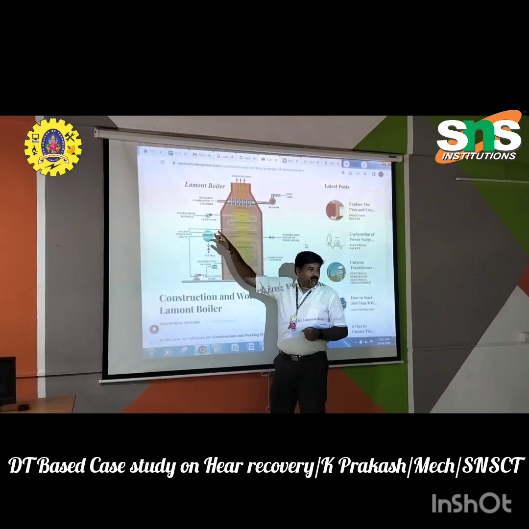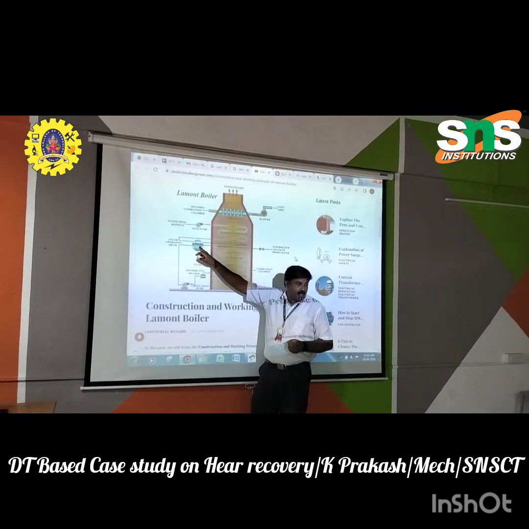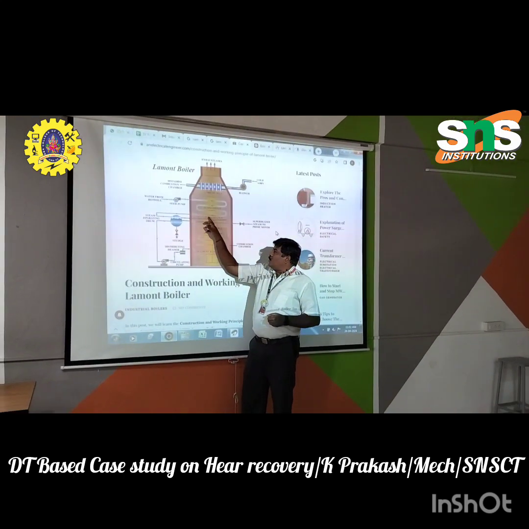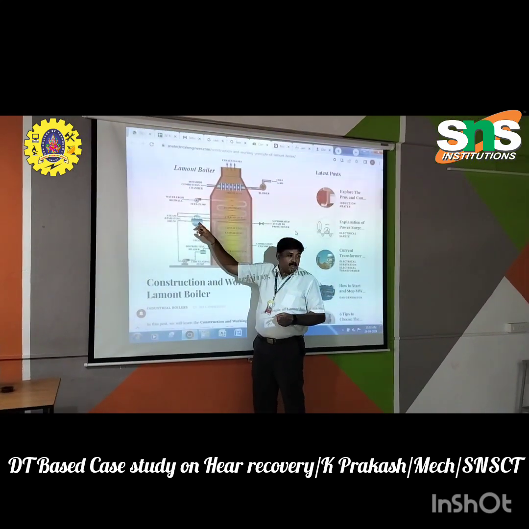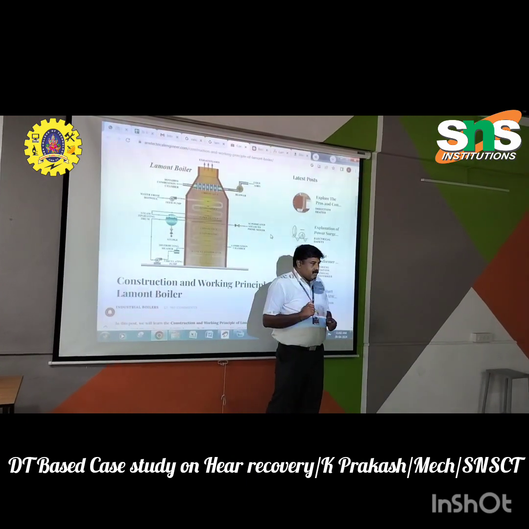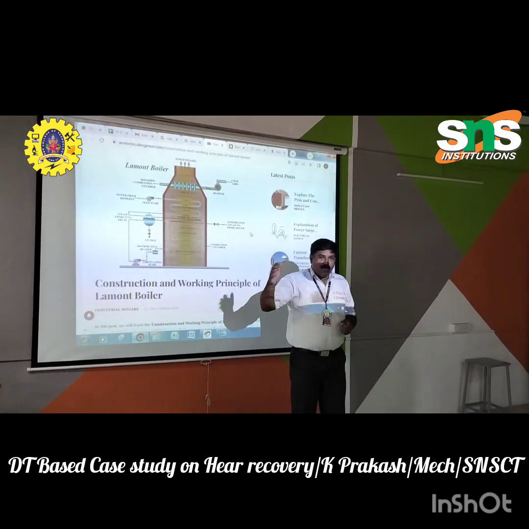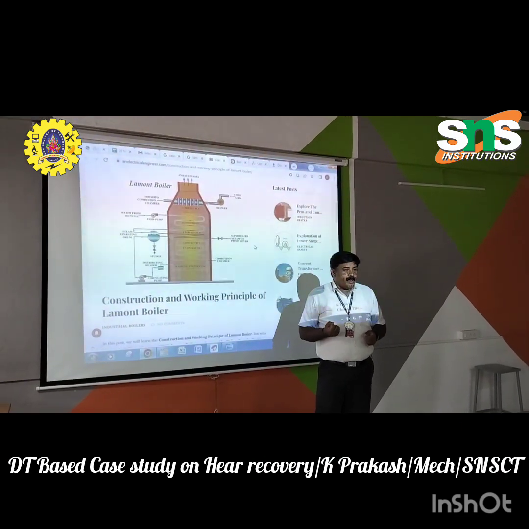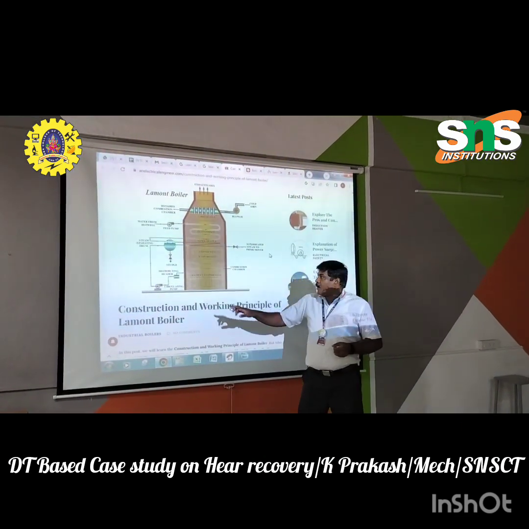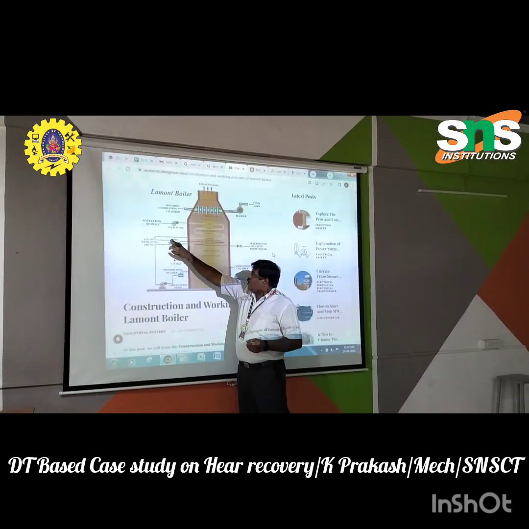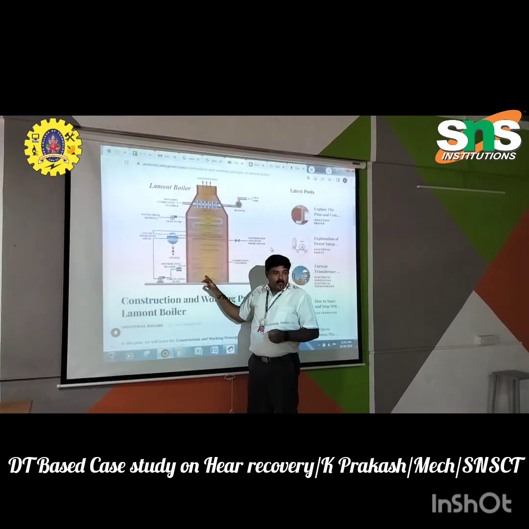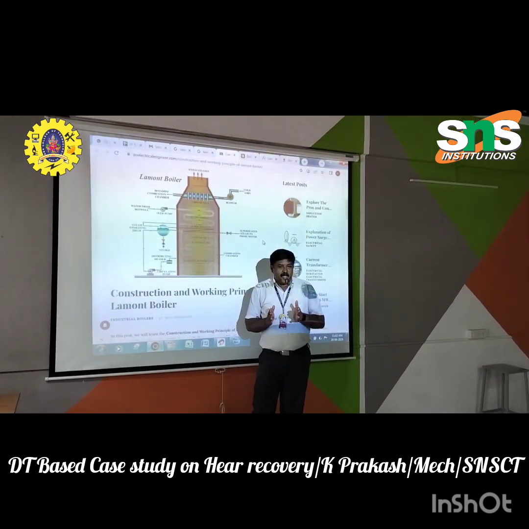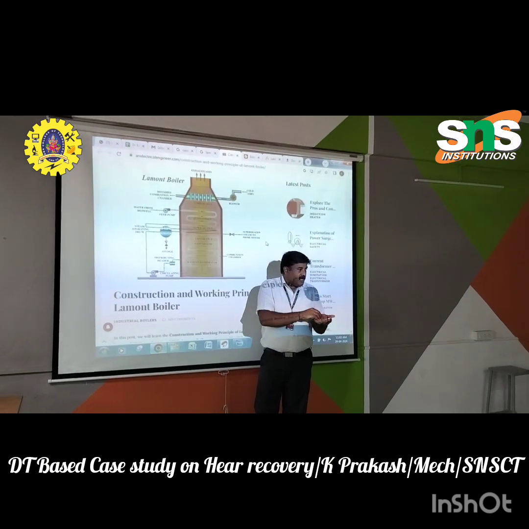Without directly supplying water to the drum, we circulate the water inside this boiler, so this water gets heated before going to the drum. Can you understand now? The waste heat which is going outside, we are reusing it to heat the water, so that the water is quickly converted into steam.